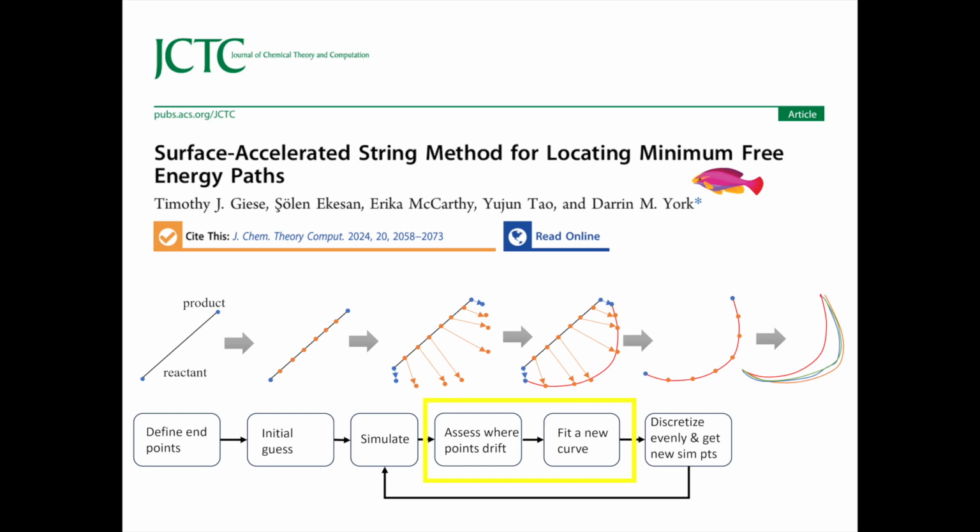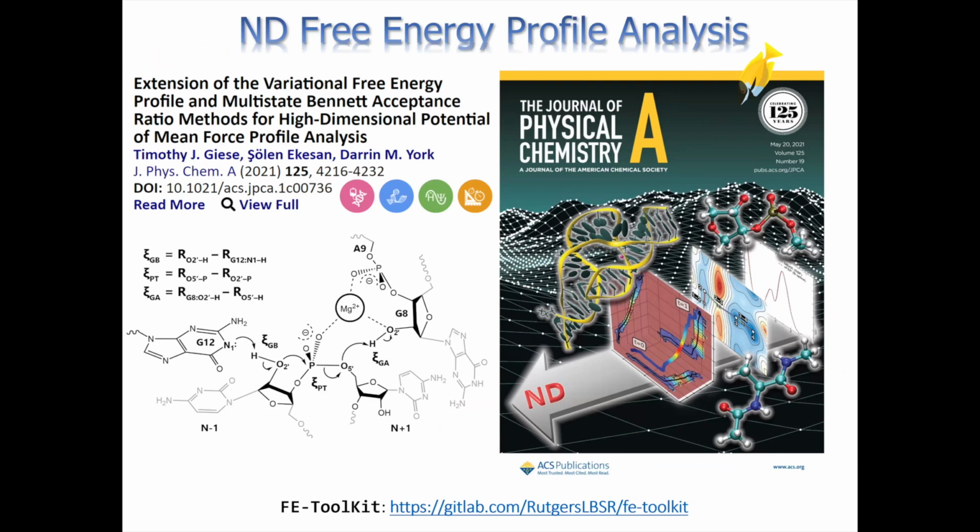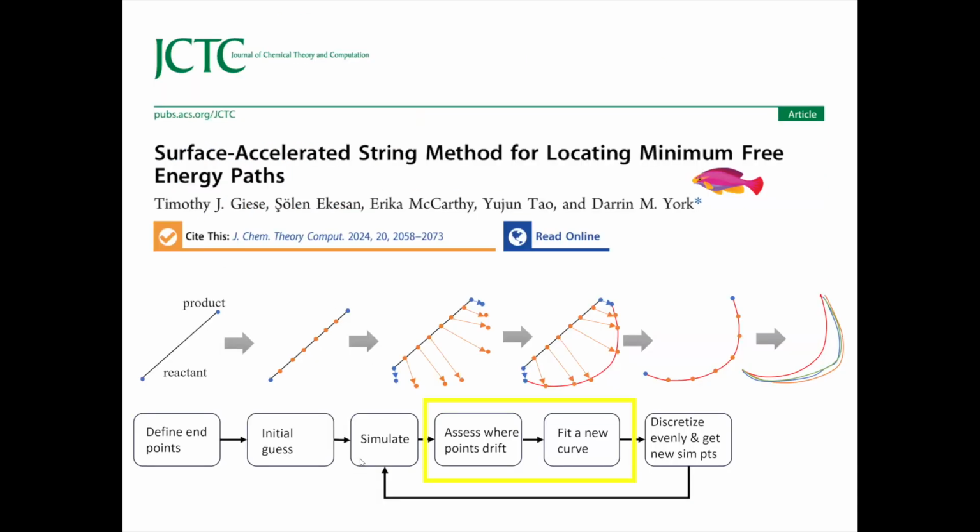So there are a wide array of methods that are focused on going directly after the minimum free energy path in a multidimensional surface. The one I'd like to give you a little bit of an overview of right now is called the surface accelerated string method, which leverages this free energy profile method that I just mentioned in order to accelerate the convergence of the path.